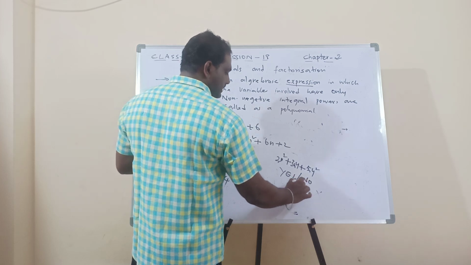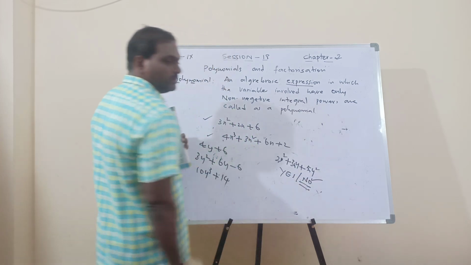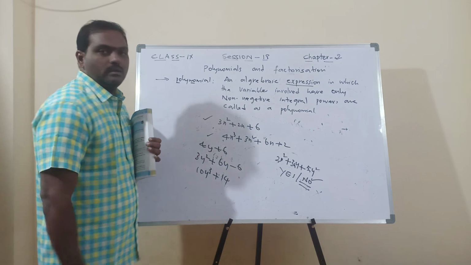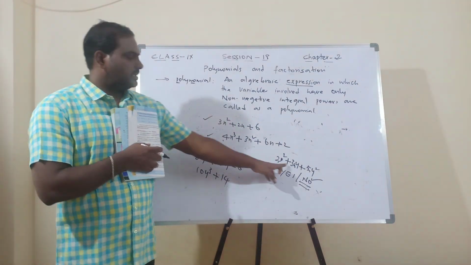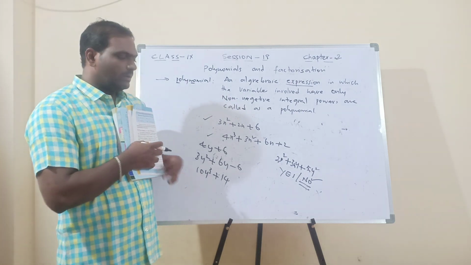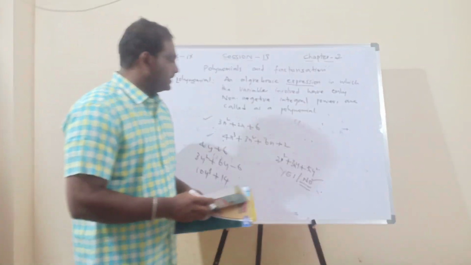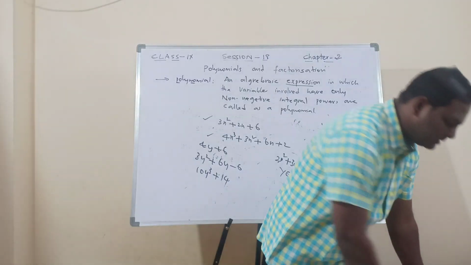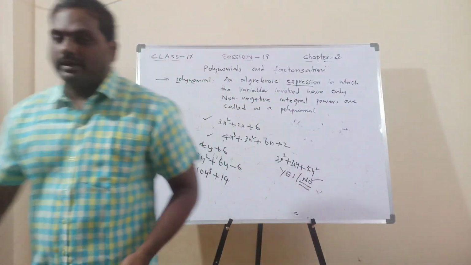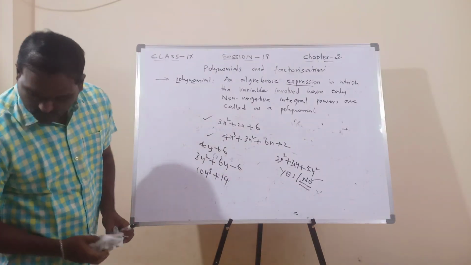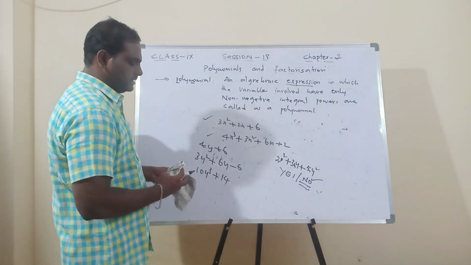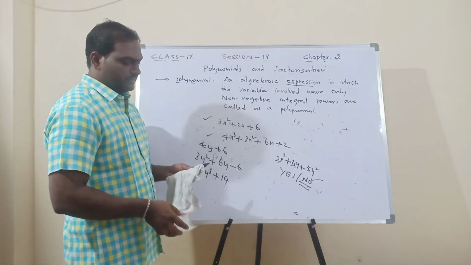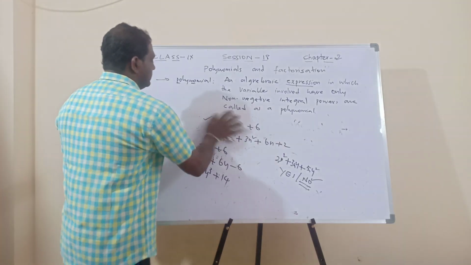The direct answer is no. It is a polynomial in 2 variables. What are they? X and y. Okay, so this is the way to understand polynomials in one variable and polynomials in two variables. You can write your own examples also, polynomials with variable x, polynomials with variable y.